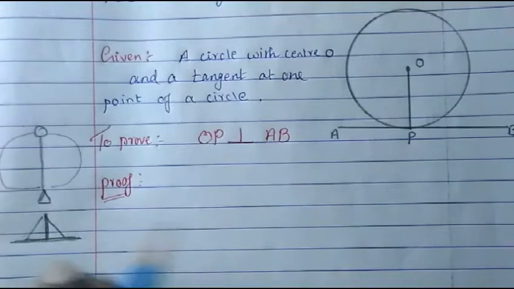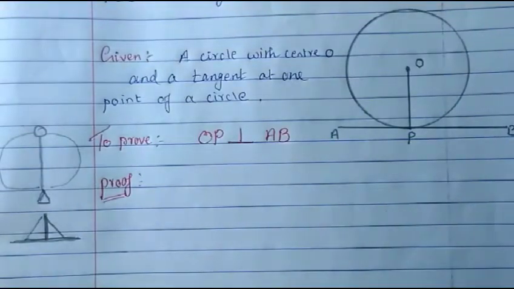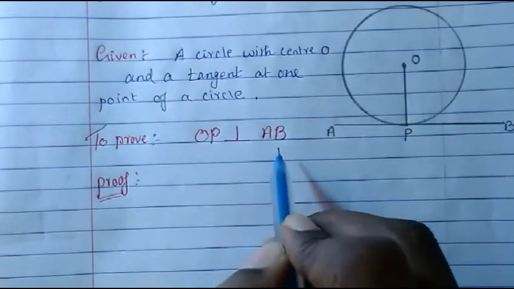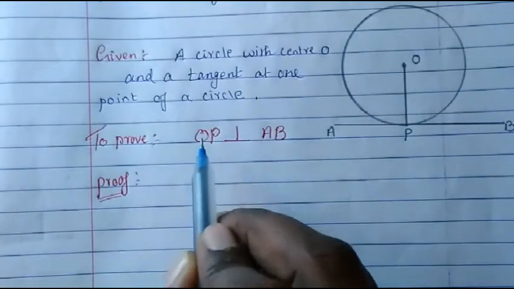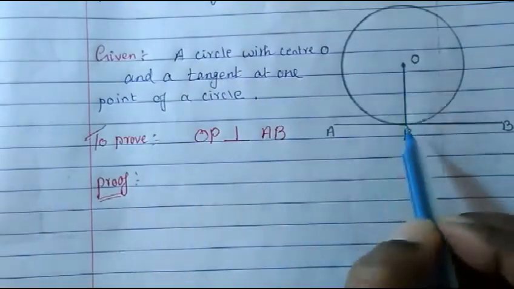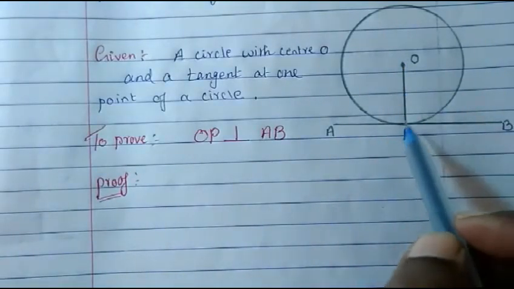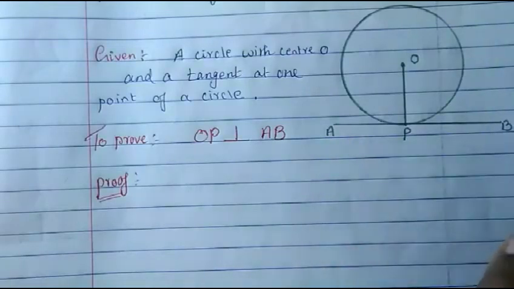Based on this concept, we are going to prove this theorem. To prove that OP is perpendicular to AB, we have to prove that OP is the shortest distance. If we prove that, then we can say OP is perpendicular to AB.